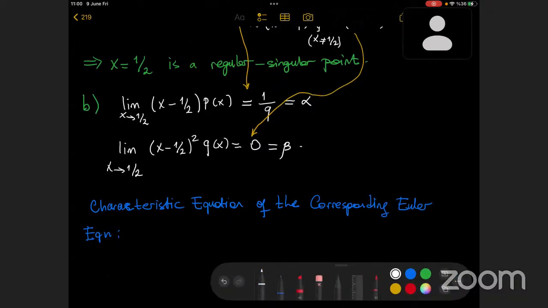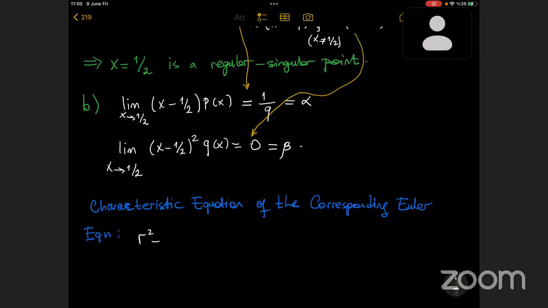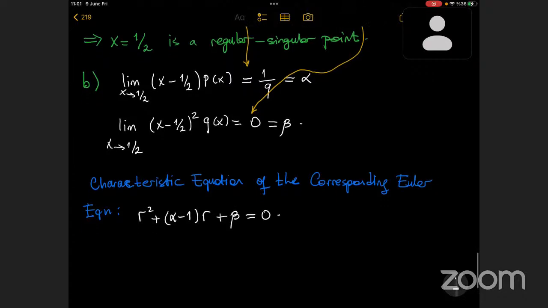Neydi? Hatırlarsanız şuydu. R kare artı alfa eksi 1 R artı beta eşittir 0 değil mi? Buydu. So basically it's R squared, alpha is 1 over 9, so minus 8 over 9 R. Beta is 0, so this is equal to 0. This implies R is equal to 0 and 8 over 9.